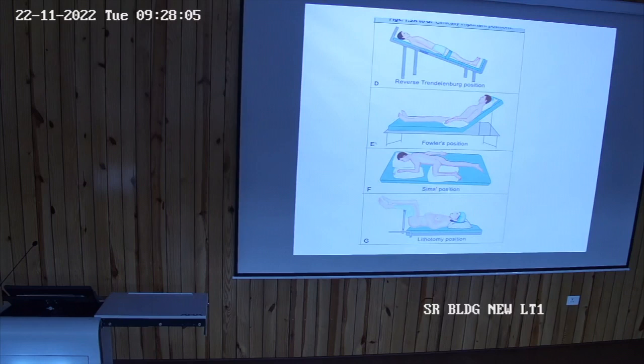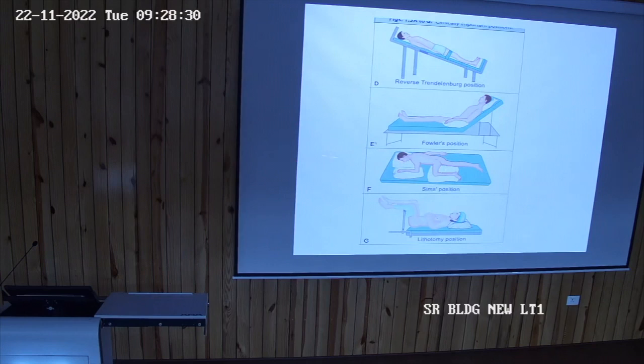Now look at this Sims position. Again the patient is no doubt in prone position, but look at the point. The lower limb on one side is flexed at the knee joint, look here, and slightly maybe on the lateral side.